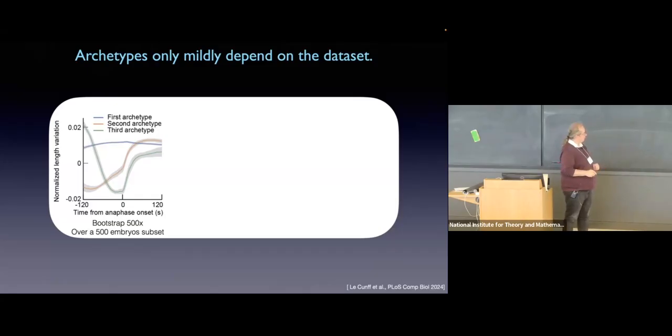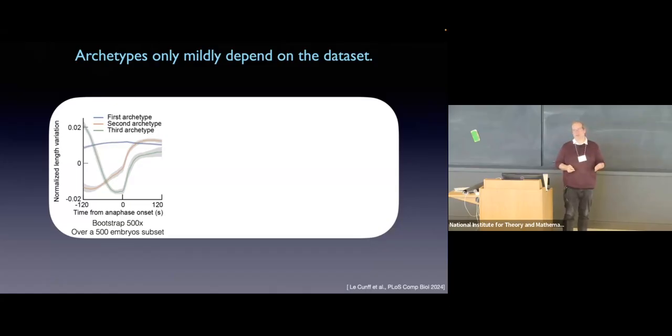And we plot it each time, and here you have in a gray shading the standard deviation around the archetype in this bootstrap. And we see that there is not really that much variation of this archetype, which means that it's not just a few embryos that are key in deciding this archetype.